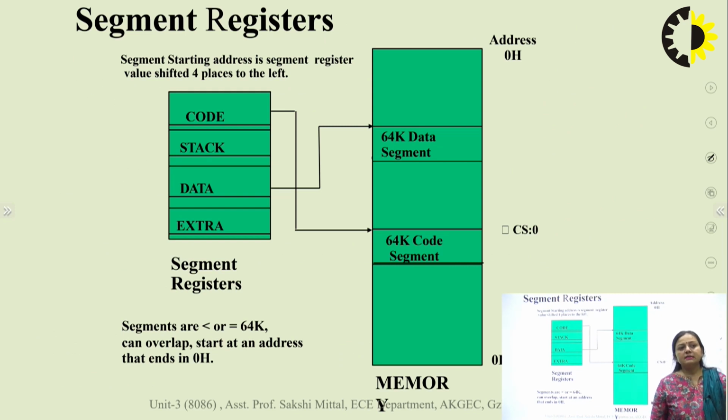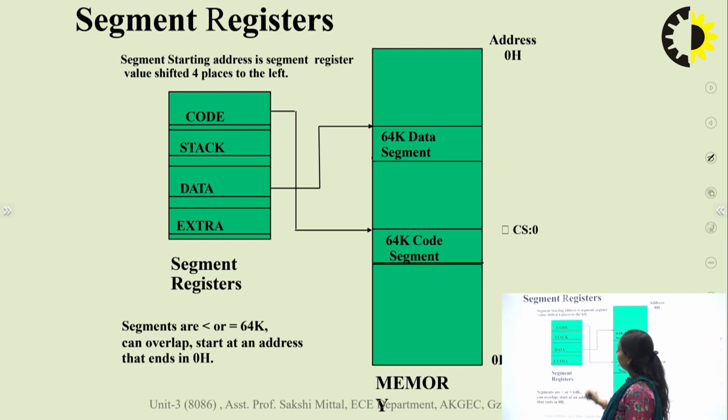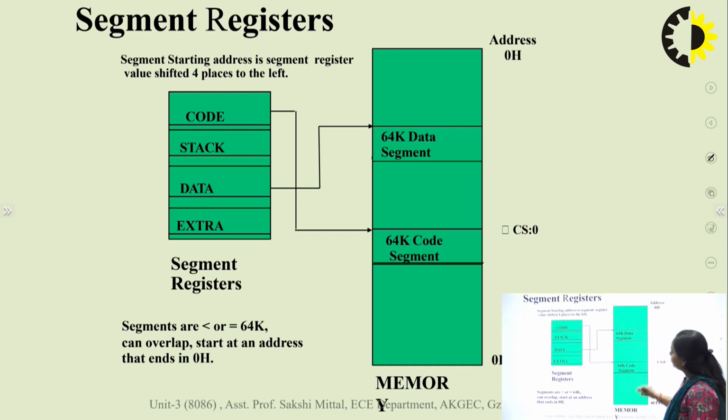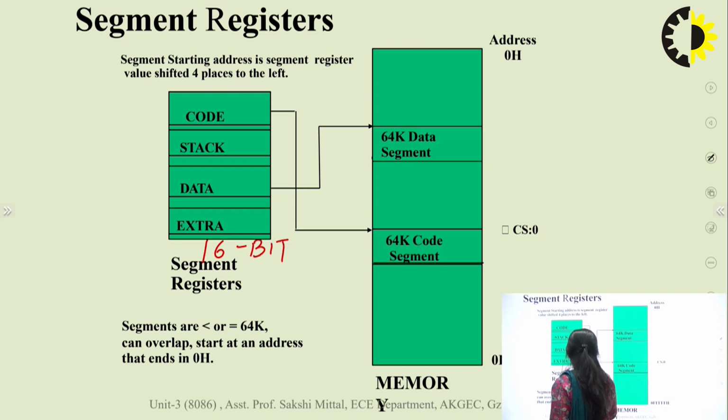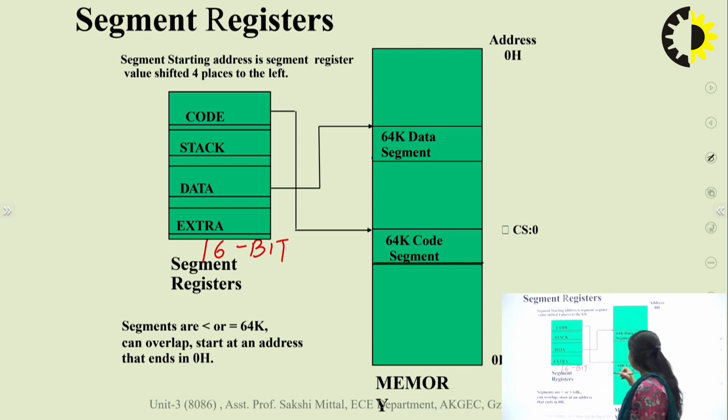The segment registers: we have 4 segments, code segment, stack segment, data segment and extra segment. These are the 4 segment registers, and they are 16-bit registers. With the help of these 16-bit contents, I can access any segment which is 64 kilobytes in size.